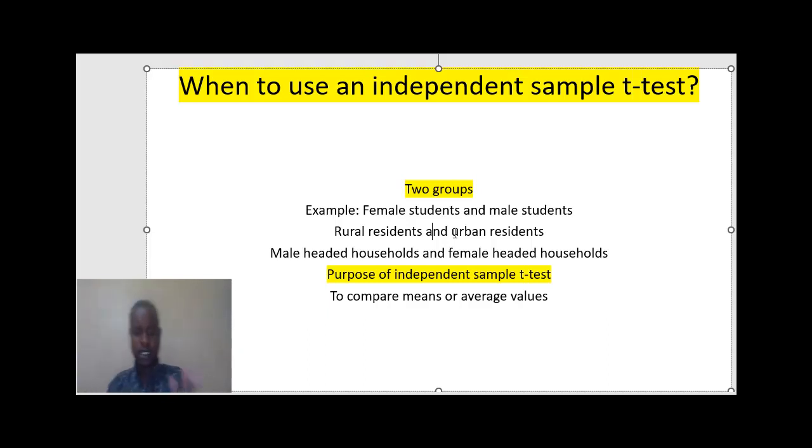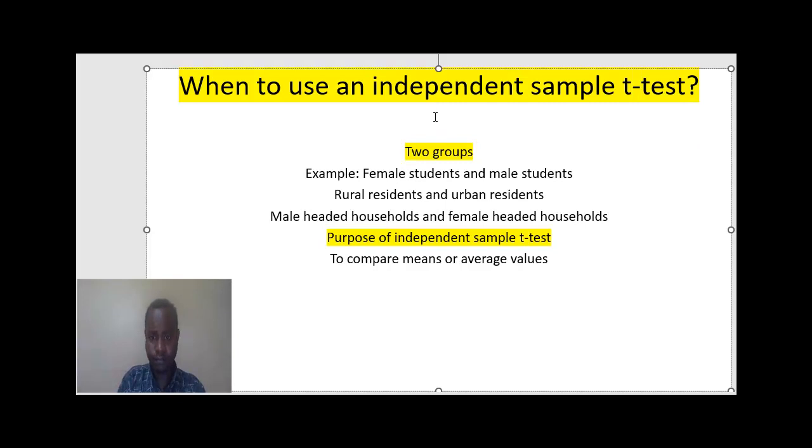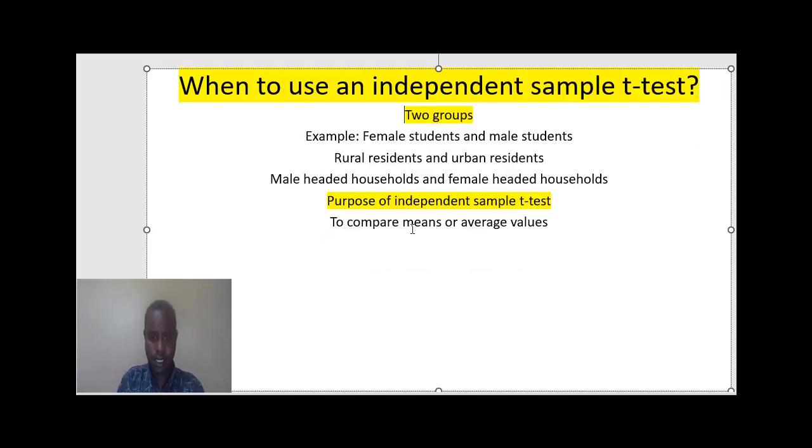Okay, so let us sort out the variables that exist in independent sample t-test. Let me specify the variables. For example, we need to have two variables.